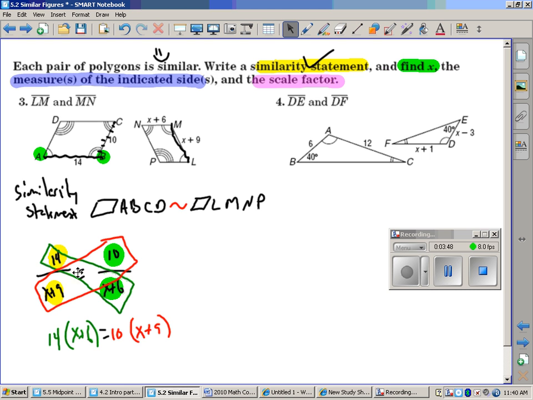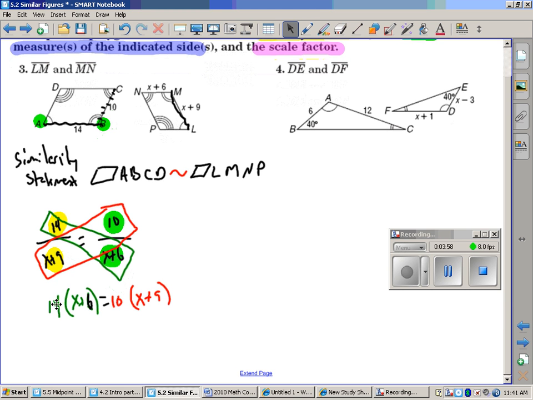Basically, if you have a fraction equal to another fraction, it's called a proportion. You cross multiply and set those things equal to each other, and now we have an equation that's easier to solve. So I will go ahead and distribute: 14x plus 84, that is 14 times 6, equals 10 times x is 10x, plus 10 times 9 is 90.